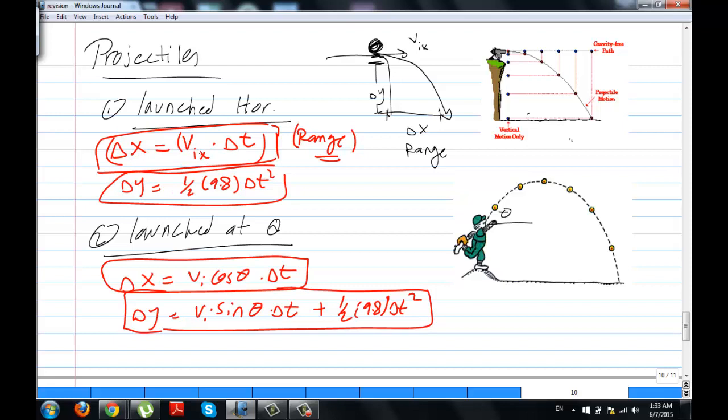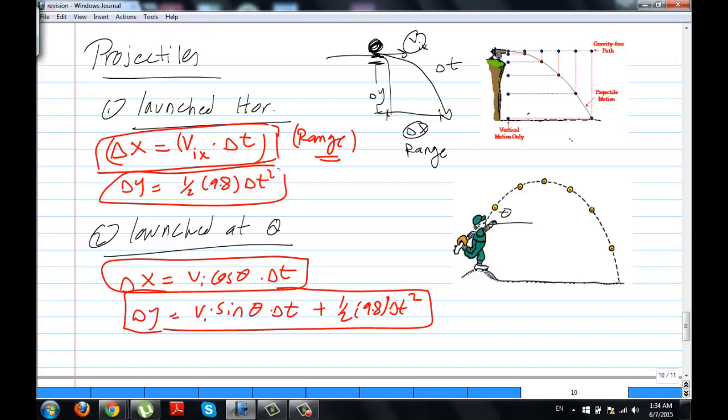Delta x is equal to vix multiplied by delta t to find the range, and delta y is equal to half 9.8 delta t square. And the same applies: if you use a negative 9.8, you need to make the delta y negative in the problem. If you use it positive, use delta y positive.